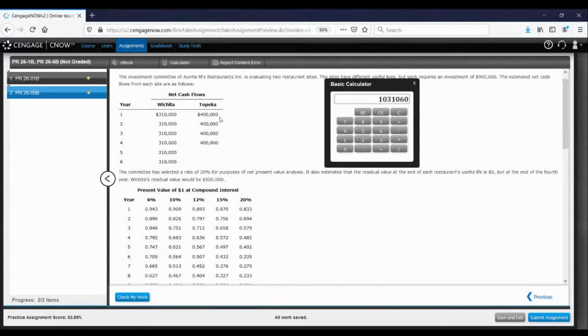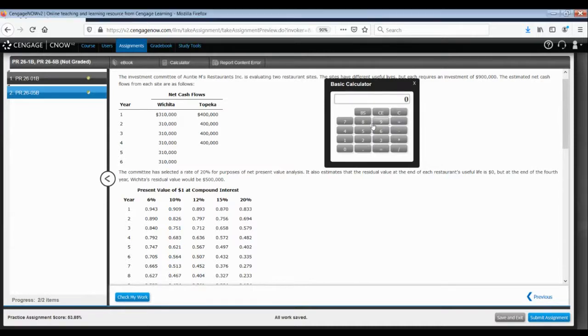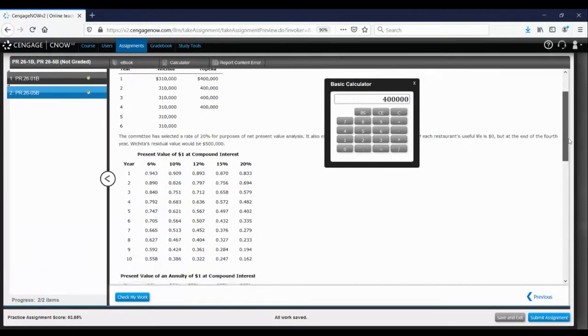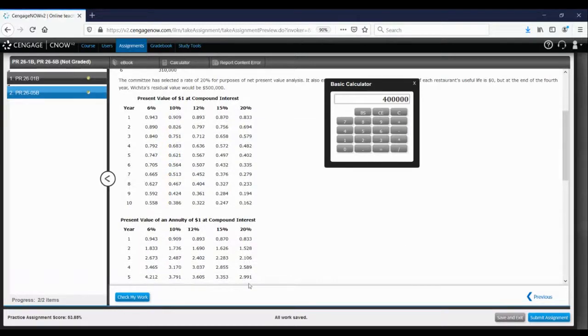Now for Topeka, there's a difference. Notice that Topeka only has a 4-year useful life. Also notice that they're expecting $400,000 in cash flows. So I'm going to put 400,000 in my calculator. I'm going to go down my table for 4 years, and I'm going to go across to 20%, and that's going to give me 2.589.